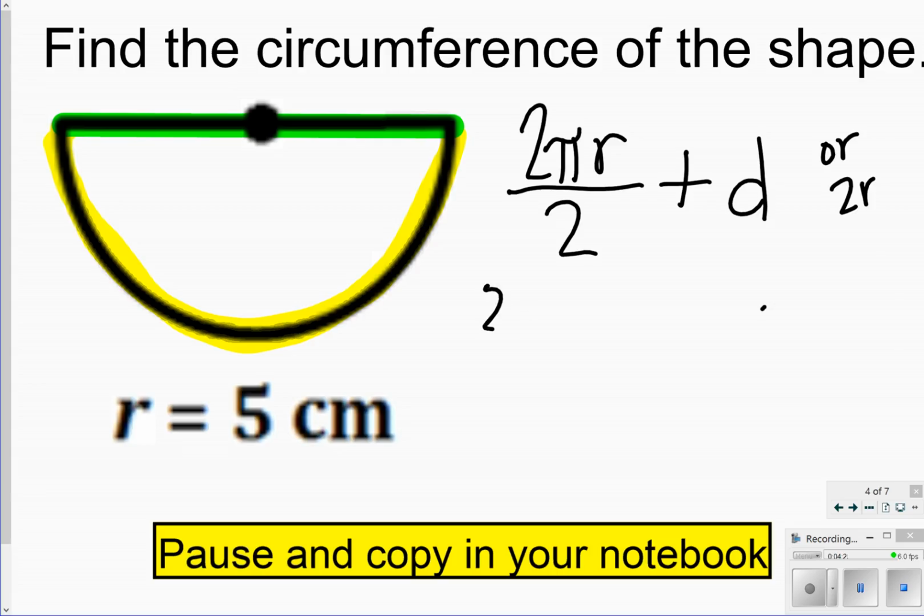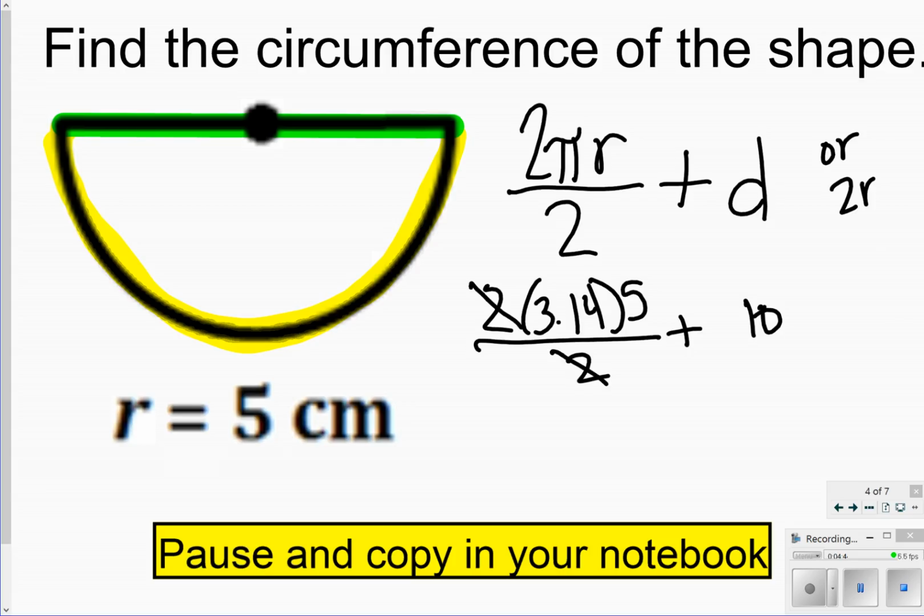Well, let's go ahead and do our calculation. Let's plug in the information we know. 2 times 3.14 times our radius, which is 5, all over 2. And then our diameter would be 2 radii, which is 10. Well, in the first section, these 2's can cancel each other out. So they go away right away. So then what we're left with is pi, 3.14, times 5.